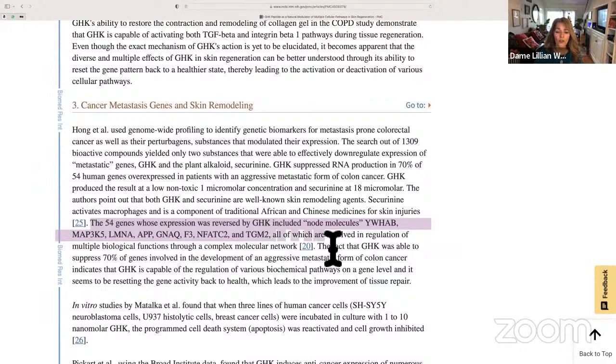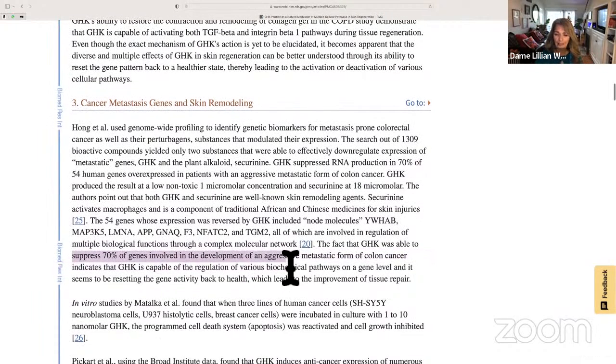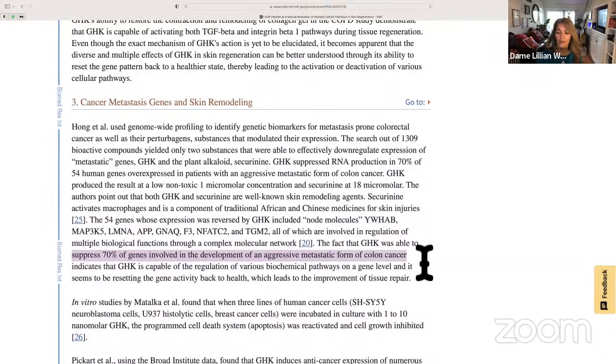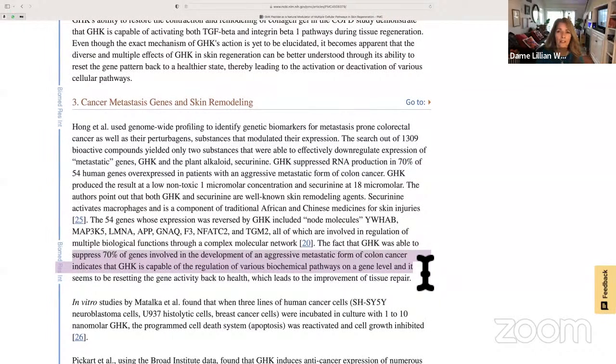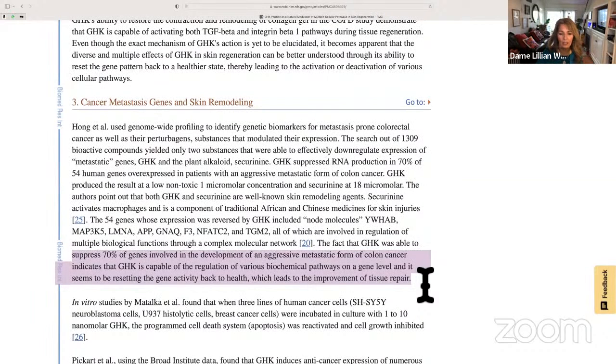So it says here, all of which were involved in the regulation of multiple biological functions through a complex molecular network. The fact that GHK was able to suppress 70% of the genes involved in the development of an aggressive metastatic form of colon cancer indicates that GHK is capable of the regulation of various biochemical pathways on a gene level, and it seems to be resetting the gene activity back to health, which leads to the improvement of tissue repair.